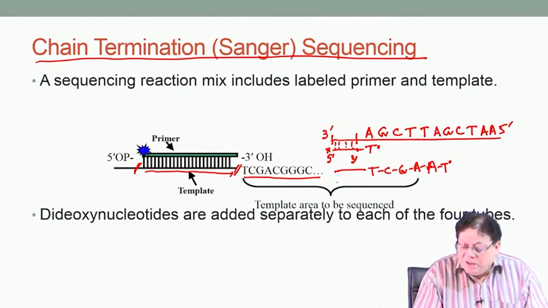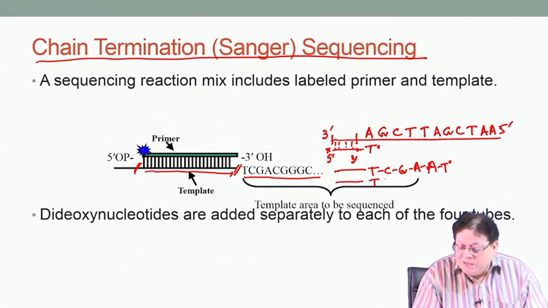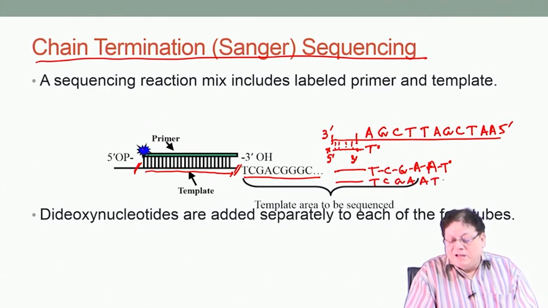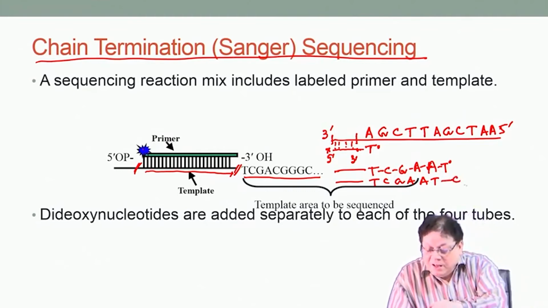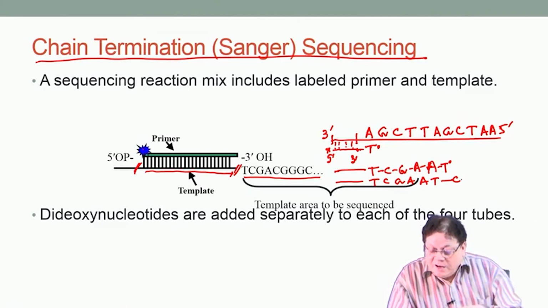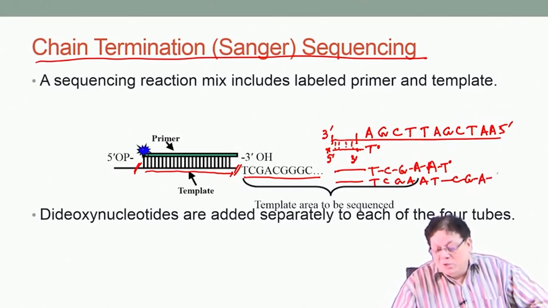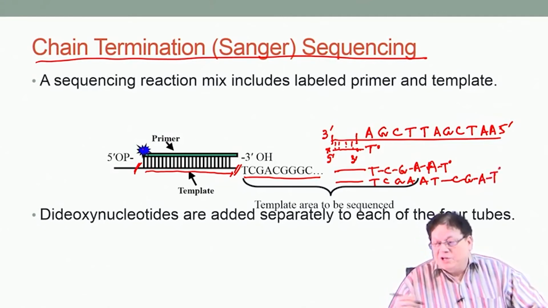So, you will have others also. So, T, C, G, A, T, because when the correct T is taken, this is going to proceed forward. Okay. So, then C, because it is G, then a G, then A, no problem. Now, then there is a T. So, there is a chance of truncation. Okay.